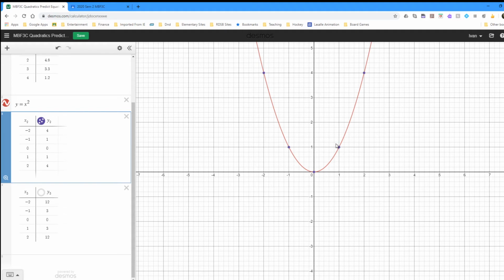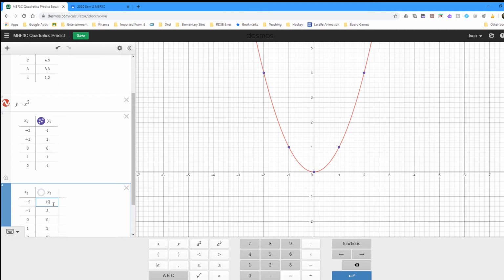1 has a height of 1 right here. Wouldn't that become a height of -1 if it went upside down? Wouldn't this height of 4 flip over and become -4 if it was upside down? So what kind of number is going to turn a parabola upside down?